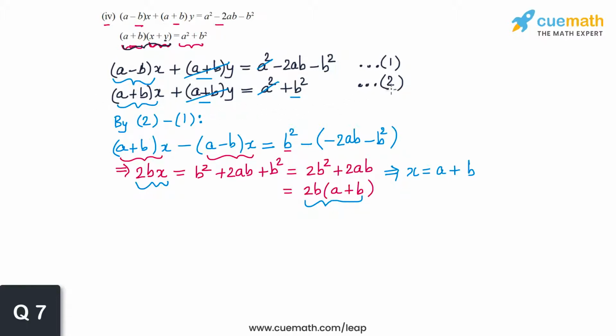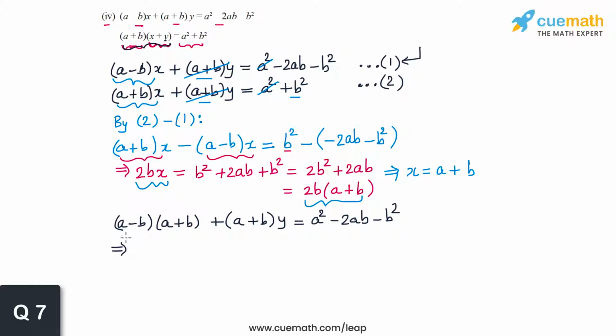Now let me substitute this into any of the two equations and get the value of y. So let's substitute the value of x into the first equation. So I have (a minus b) times (a plus b), the value of x, plus (a plus b) times y is equal to a square minus 2ab minus b square.